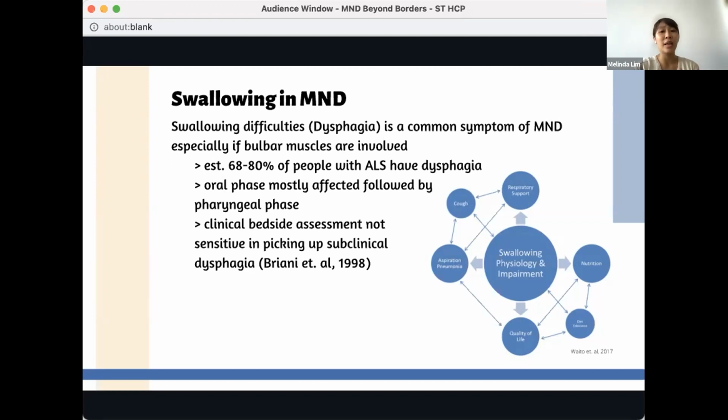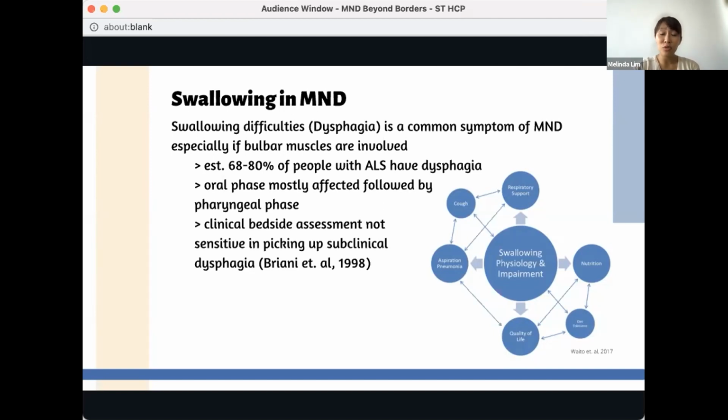If they put food in the mouth and take a very, very long time to swallow, having a delayed swallow is also a sign of dysphagia. Having leftovers or residue inside the mouth post swallow, and of course, your go-to, which is coughing and choking when eating or drinking. These are some signs that you can look out for and ask patients and their next of kin about: do you experience these signs?